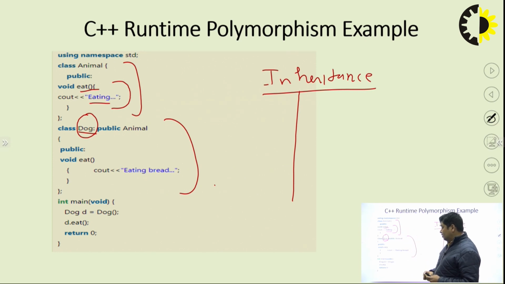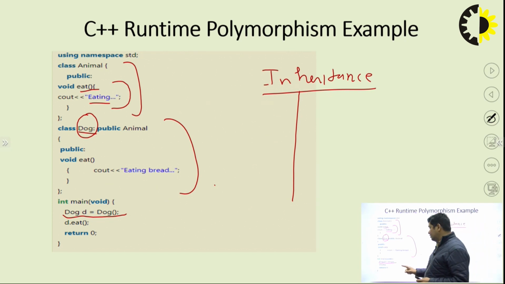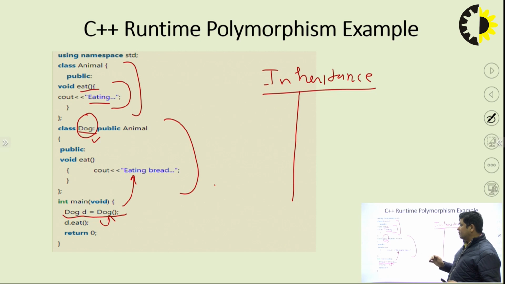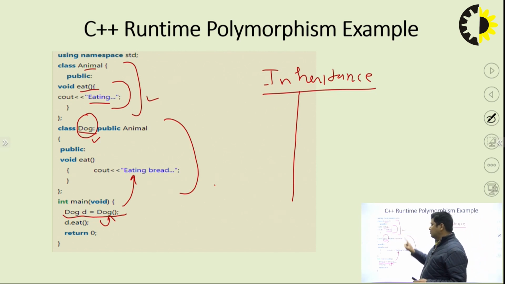Now make sure that at the time of method overriding, the method resolution happens at runtime. The runtime object is the dog class, so this dog class method gets the chance. If I take the runtime object of the animal class, then this method gets the chance.